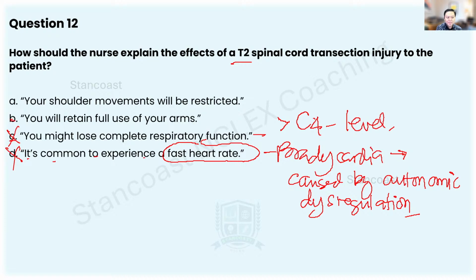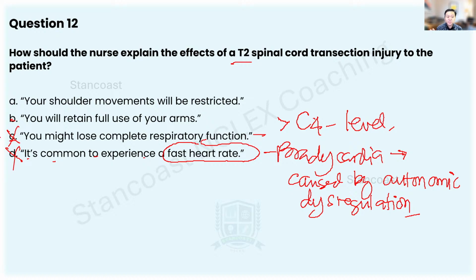What about letter B? You will retain full use of your arms. What do you think about that? Letter B. There's actually no impairment here, especially with spinal cord injury at T2 level.